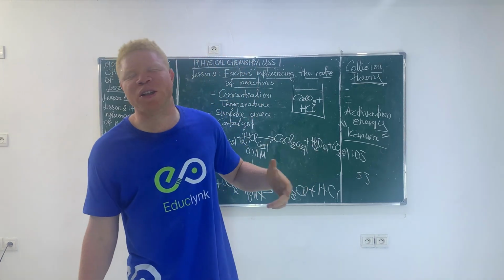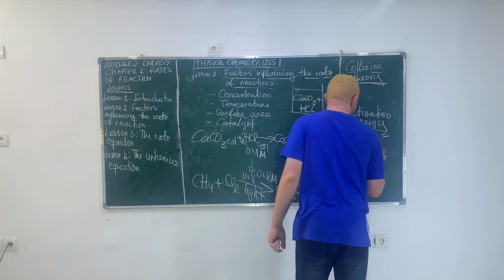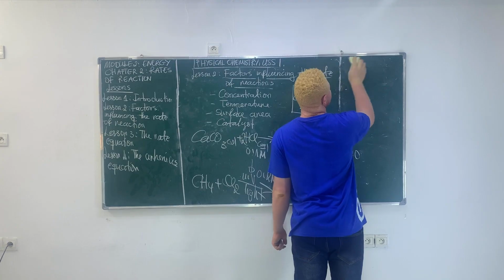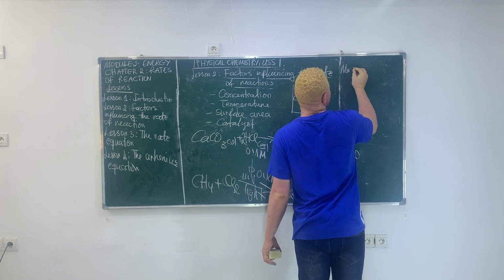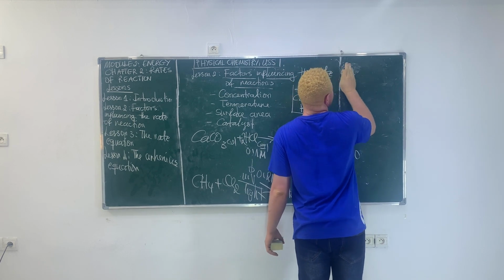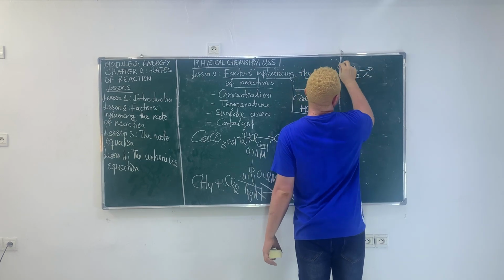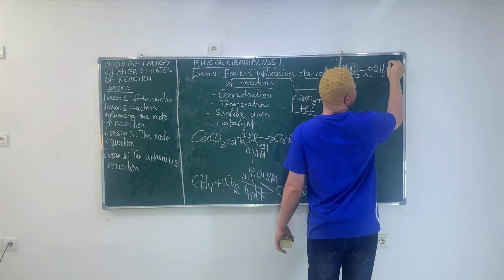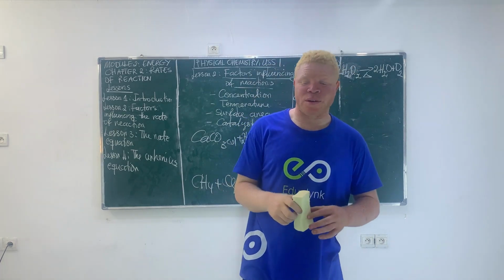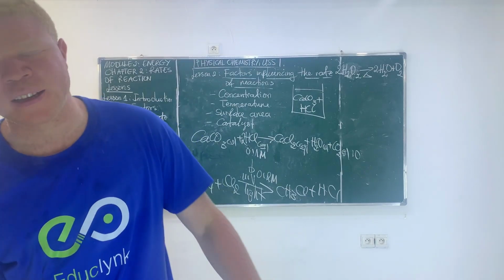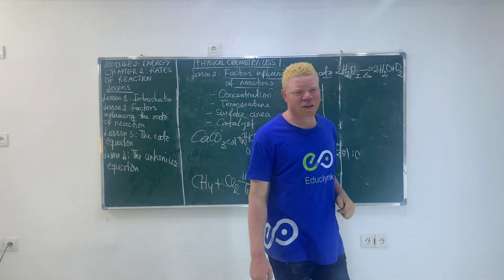This is not the only reaction in which a catalyst is used. Remember, in the laboratory preparation of oxygen, you have hydrogen peroxide decomposing to water plus oxygen. During the synthesis of oxygen, hydrogen peroxide decomposes as follows: hydrogen peroxide giving water plus oxygen.